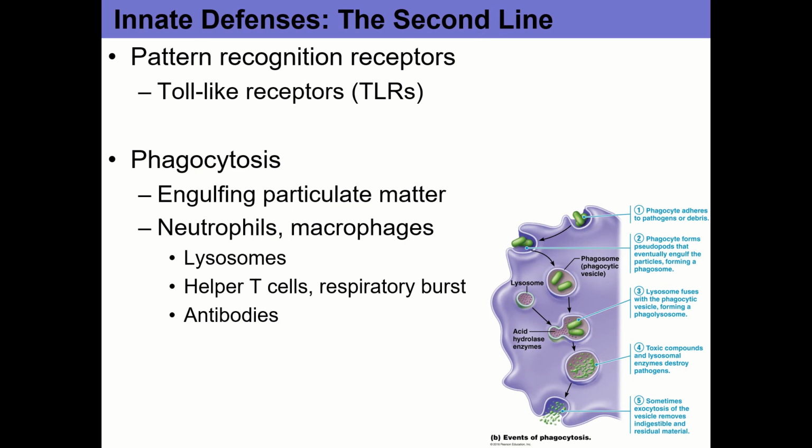By the chemical messengers they secrete, they can help the macrophages to generate additional chemicals that include hydrogen peroxide and a substance that's pretty similar to bleach, and that causes the respiratory burst here. That respiratory burst, whether it's the hydrogen peroxide or the substance similar to bleach that the macrophage has now created with the help of the helper T cell, is able to disrupt the membrane of those cells and kill them.